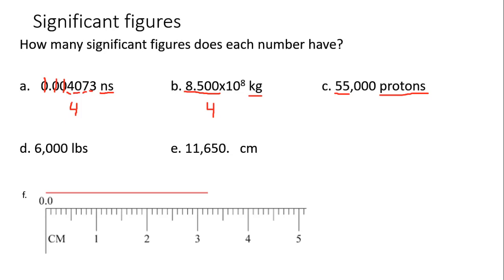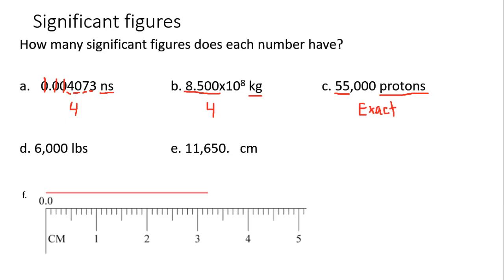So you can count the number of protons that you have, and so this is actually an exact number. Exact numbers have an infinite number of significant figures. So if you look at the unit and it's something you can count, like protons, atoms, grains, eggs, whatever you want, if you can count it, it's an exact number.